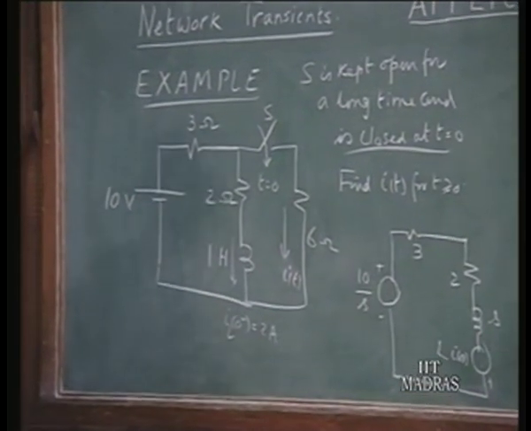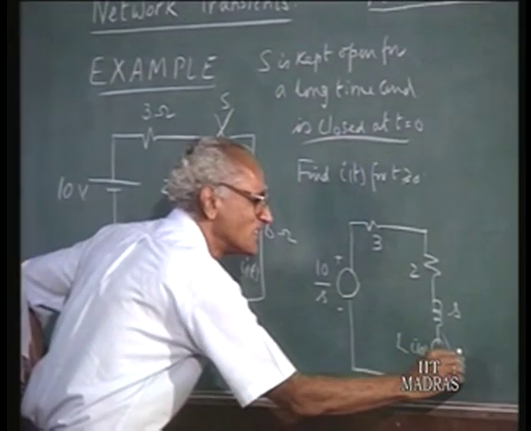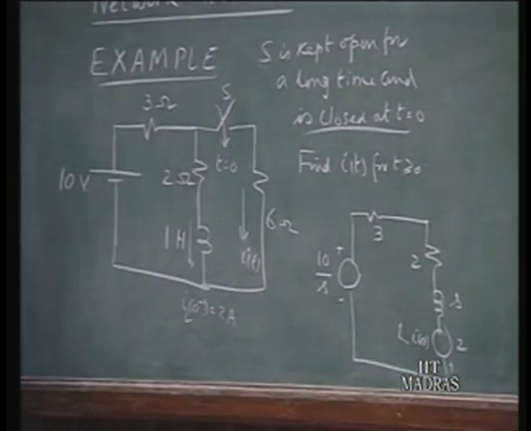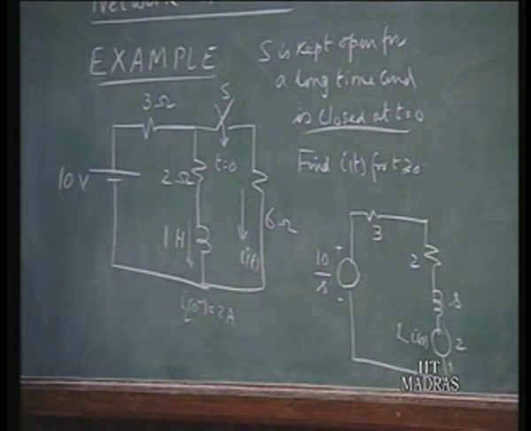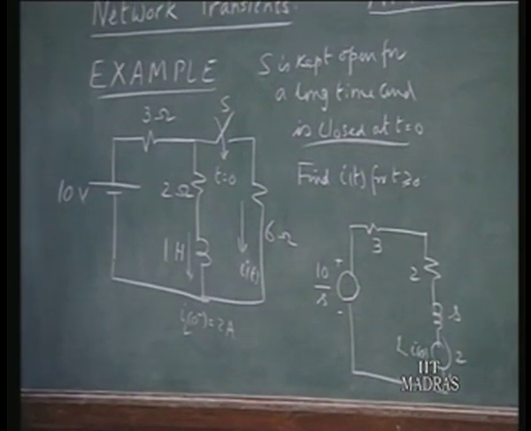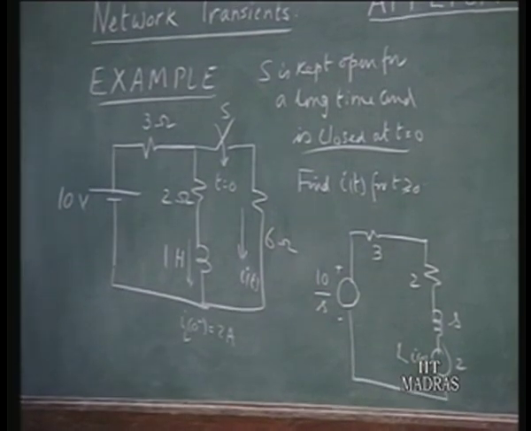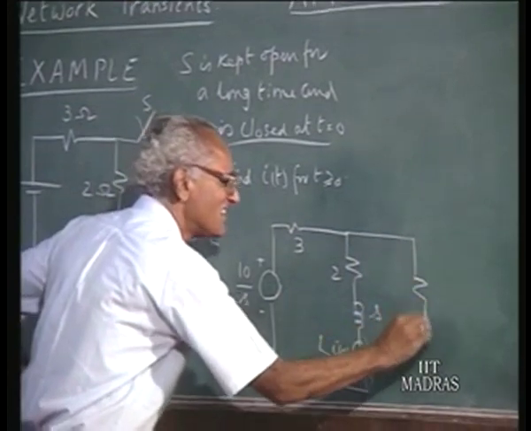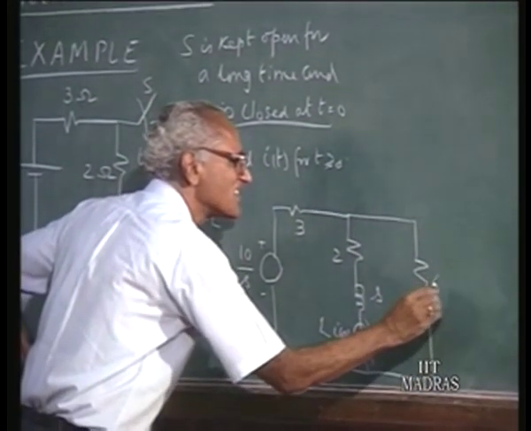Therefore, Li0 is 2 volts. So the strength of that voltage source is L times I0, which is 2. We are substituting 0 minus values. In this case, 0 minus and 0 plus are one and the same, but we are substituting 0 minus values because they come naturally to us. And then you have a 6 ohms resistance.